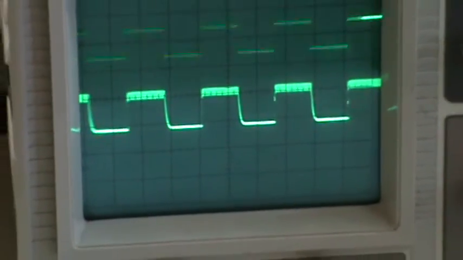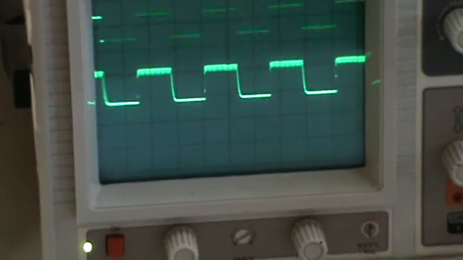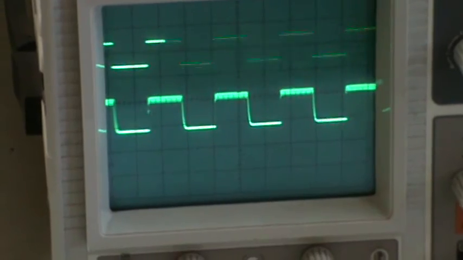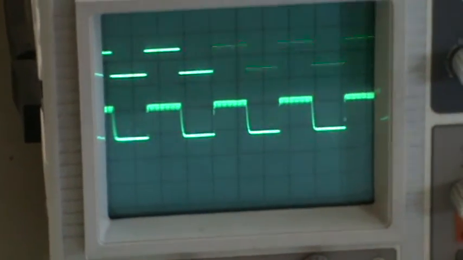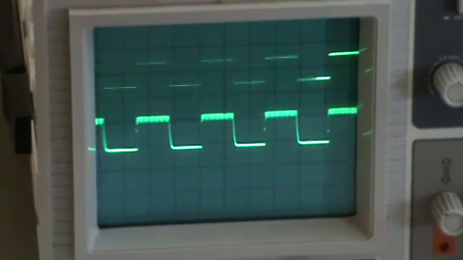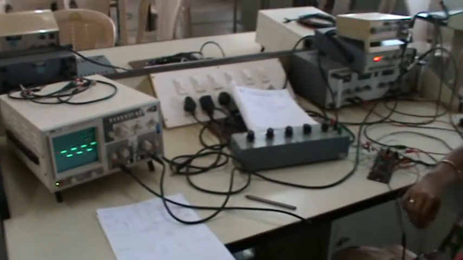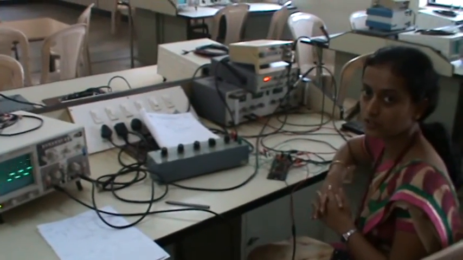So yes, now it is almost equal. So this is the ASK generation and detection process.